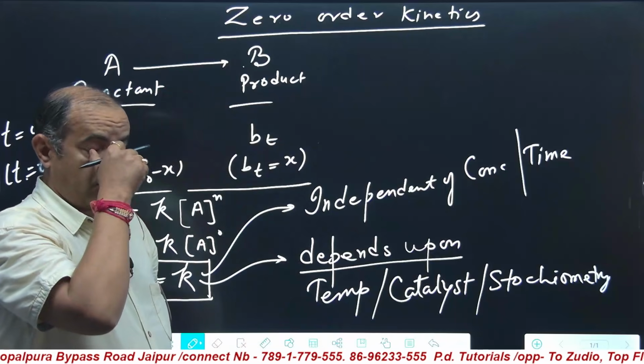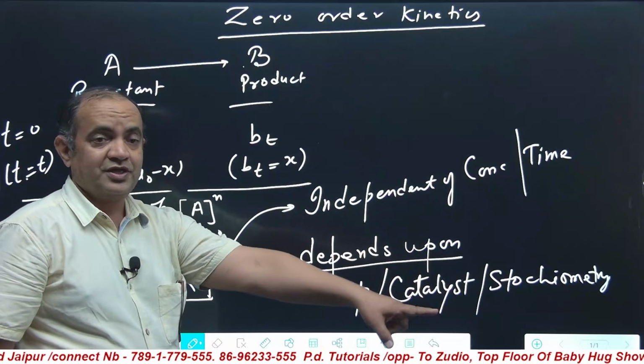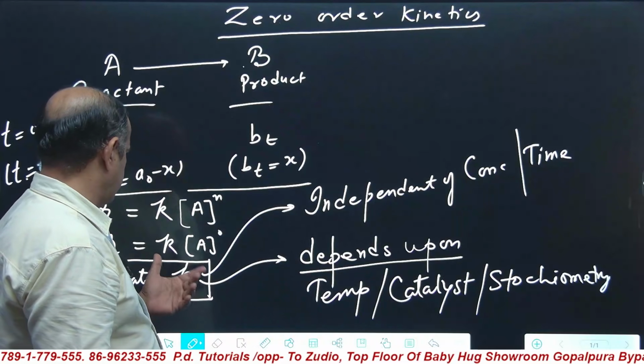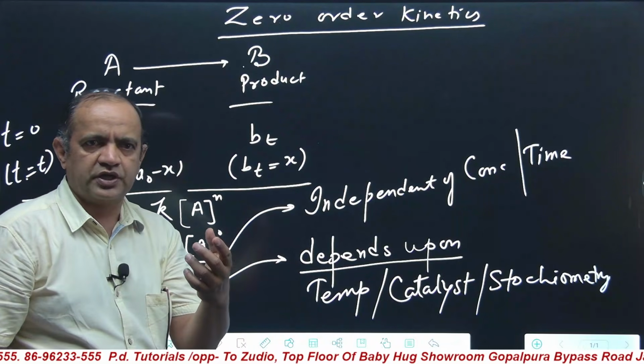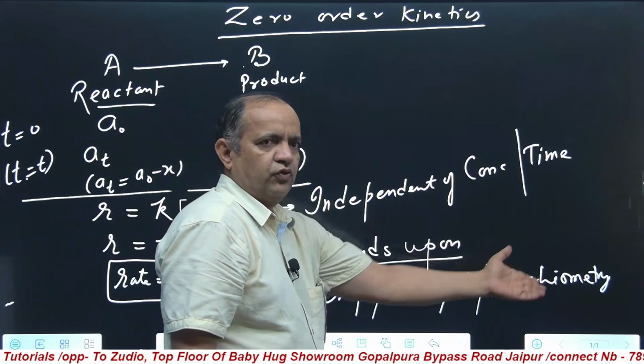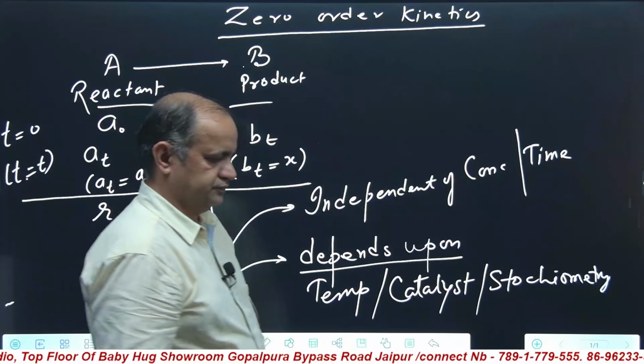It depends upon temperature, catalyst and stoichiometry. There is an objective question: the rate constant for the first order reaction is independent of what? Give any 4 out of this. Okay? Copy it.